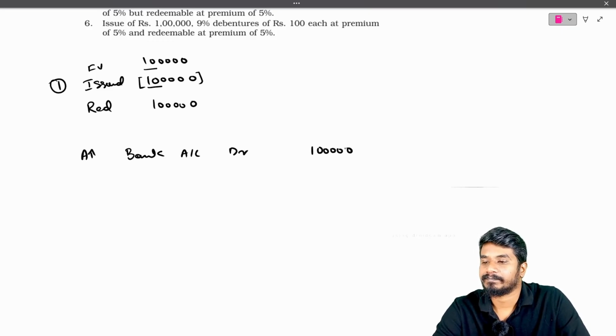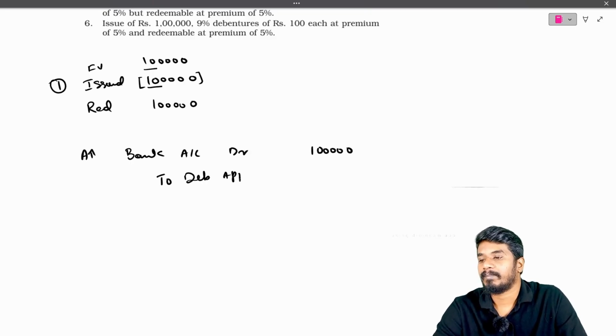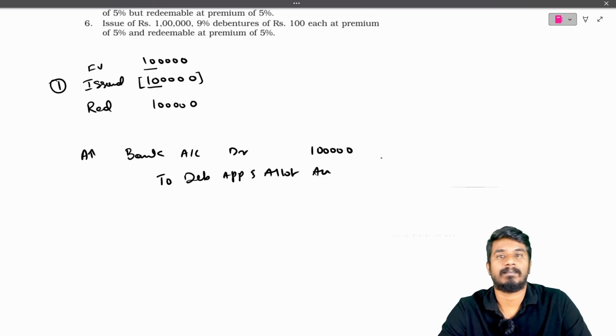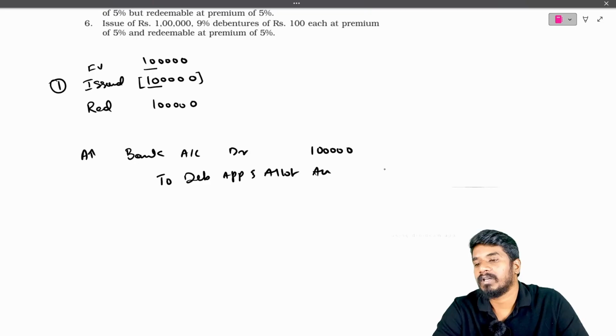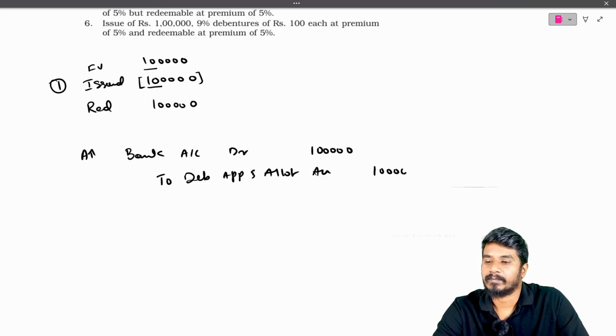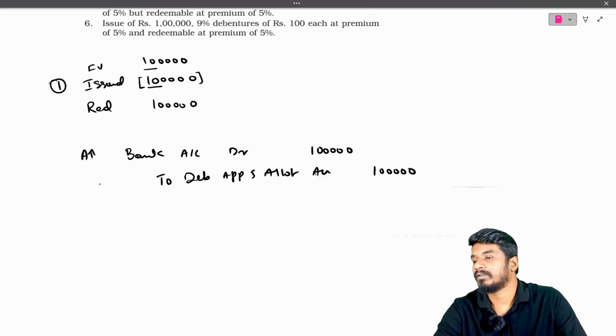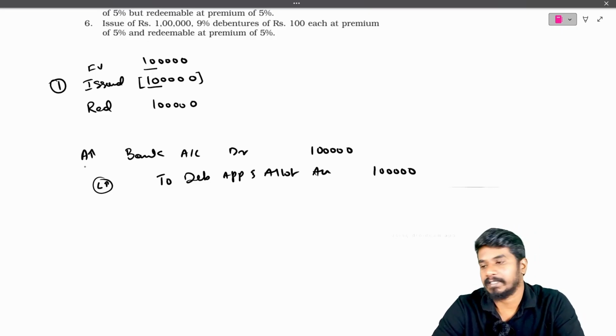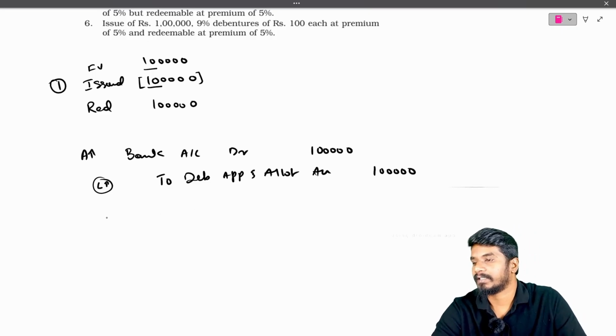Now two, debenture application and allotment account. Why it is debit, why it is credit, we have already discussed with modern rules in the previous video. Please do watch that, then only you will understand, right? So 1 lakh rupees, because this temporary liability is increasing, so we are crediting it.